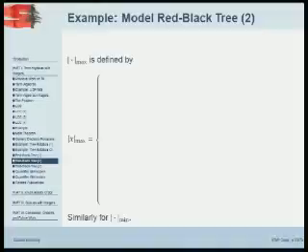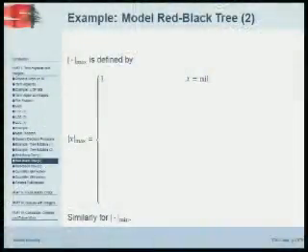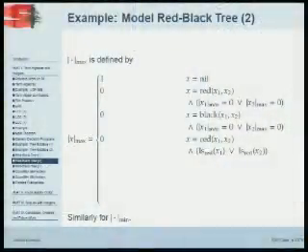Let's look at the definition. The max is defined as follows. First, if x is nil, because every nil is treated as black, we have 1. Then we have 3 cases for 0. Basically, when we return 0, we mean that the red-black tree property has been violated. Suppose the root is red, but the violation has happened in the subtree, so we return 0. Suppose the root is black.